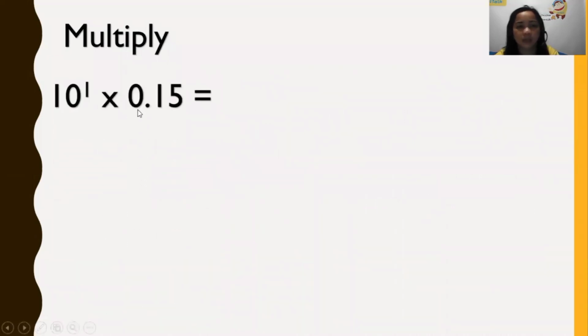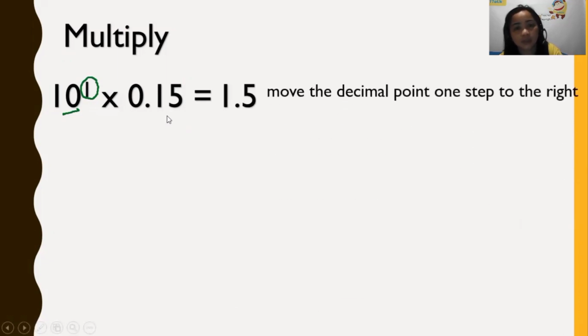Let's multiply it by the power of 10 using an exponent. So, we have here 10 to the first power times 15 hundredths. When the exponent is 1, that is still equal to 10. The answer is still 1 and 5 tenths.